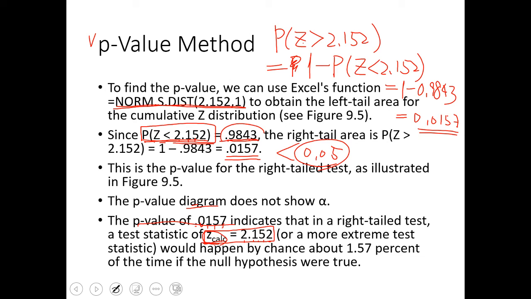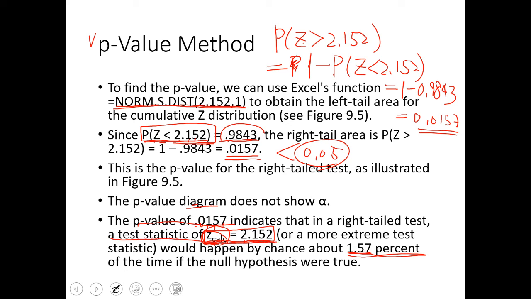The event that we obtain 2.152 as our test statistic has a probability of 1.57%.